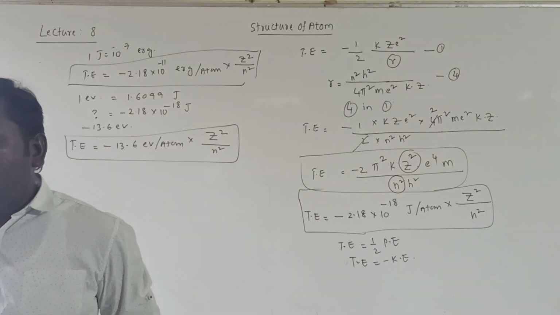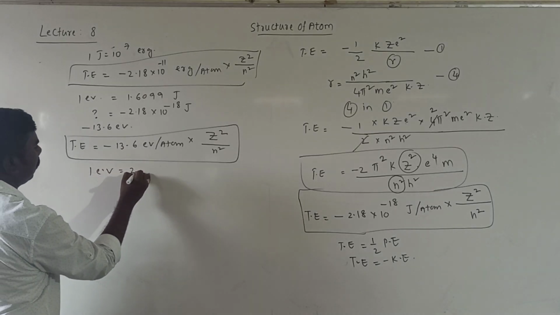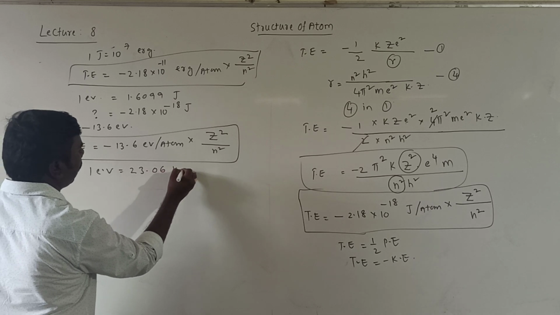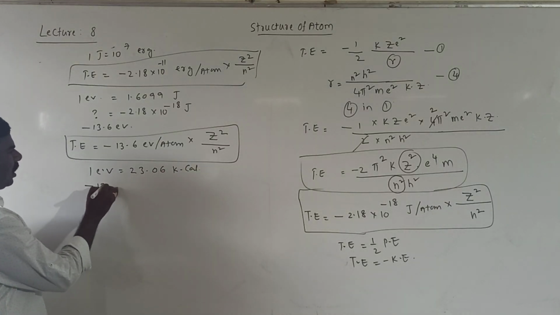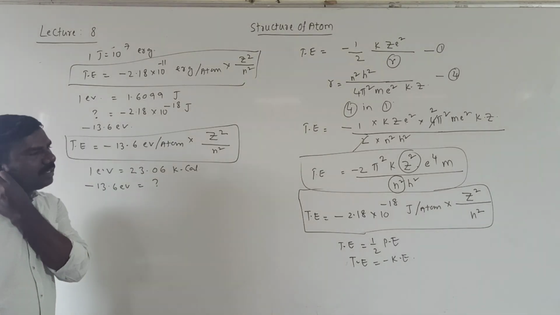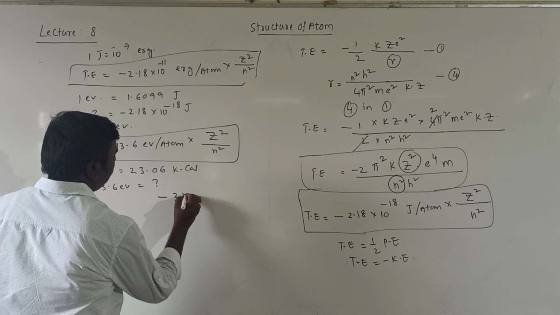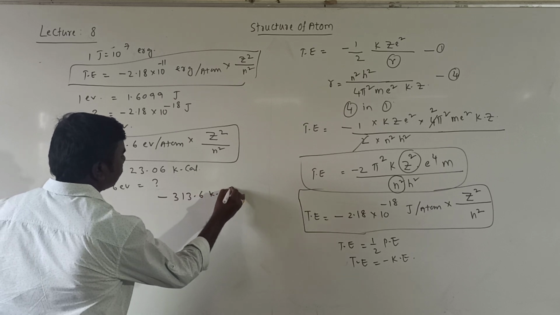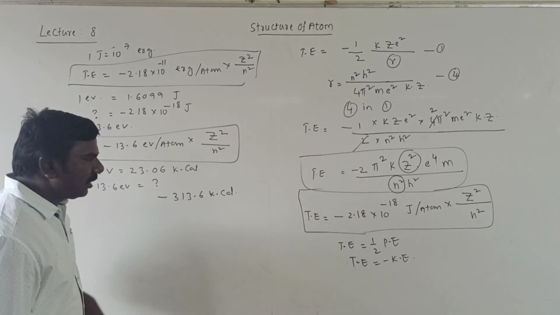Next, 1 electron volt is equal to 23.06 kilocalories. Now, 13.6 electron volts is equal to how many kilocalories? On solving this, you will get minus 313.6 kilocalories. It means I am converting the electron volts into kilocalories.